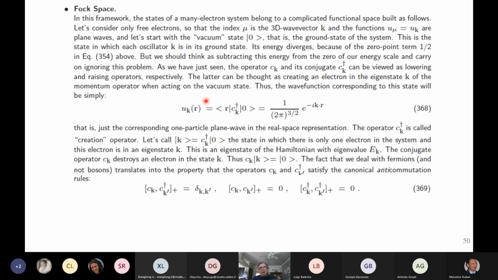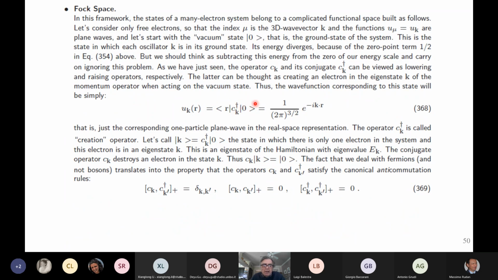So what is this famous Hilbert space that we're dealing with for our system of as many electrons as we wish? Let's consider the absence of a potential. So with a flat potential, my states mu are actually states k, labeled by a k vector. They're plane waves. The vacuum state is the ground state 0, and a state in which a single harmonic oscillator labeled by the quantum number k, the wave vector, is excited is obtained by taking the ground state of my many-electron system and applying the raising operator for this particular oscillator, c dagger.